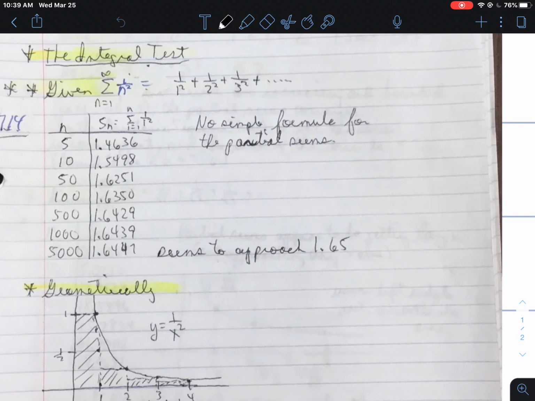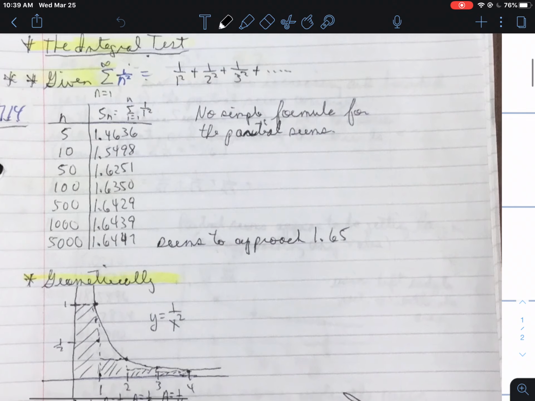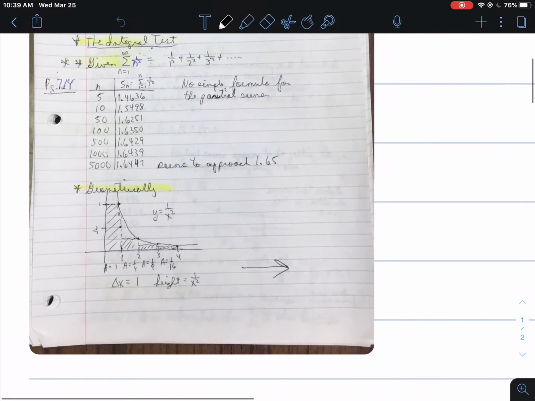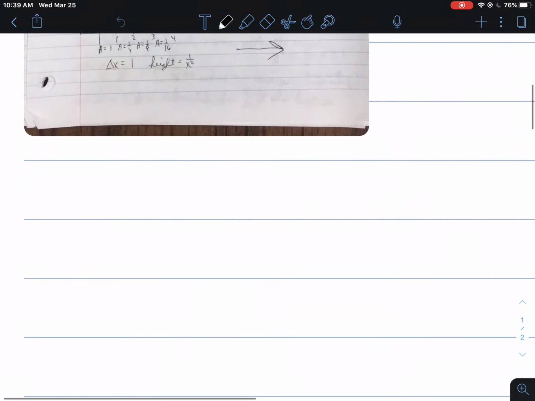Right? Looking at this graphically, this is the part that we're interested in. Now, let me remind you of something we've talked about previously. Let me do this first and then we'll get into this. Back in section 7.8, we talked about improper integrals, say the integral from 1 to infinity of 1 over x to the r.